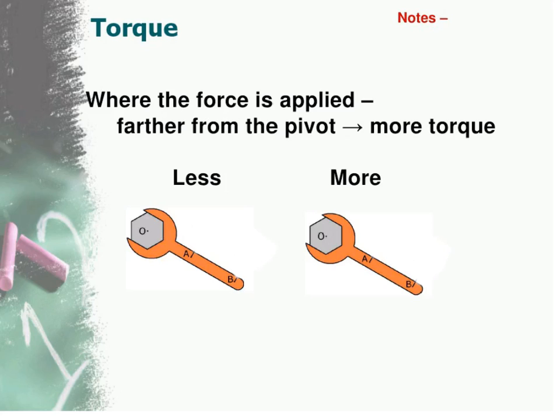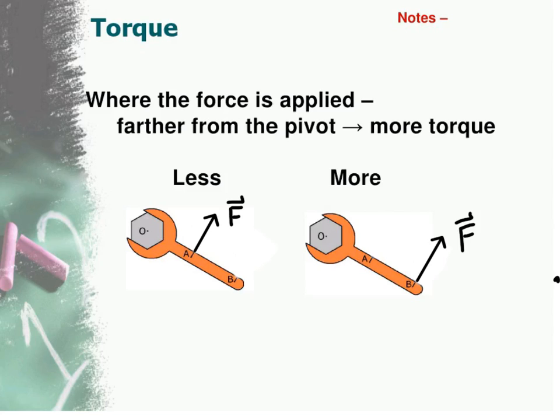So if I were to apply a force here at this position, and compare that to applying the same force at this position, I am going to get more torque in this scenario, or I'm more likely to cause a bigger change in this object's rotational motion by applying this force way out here at the end of the handle.